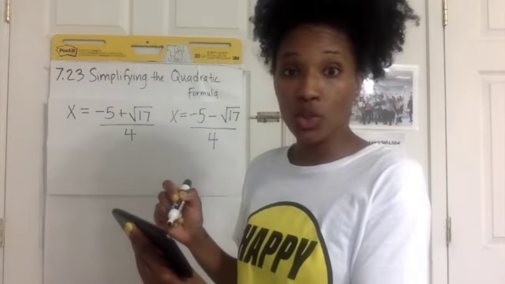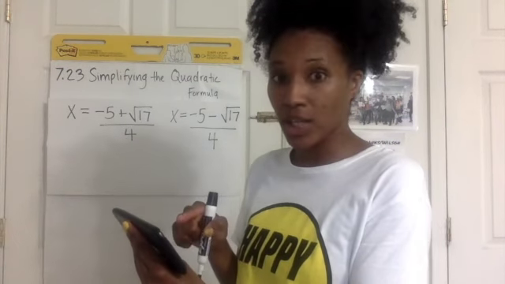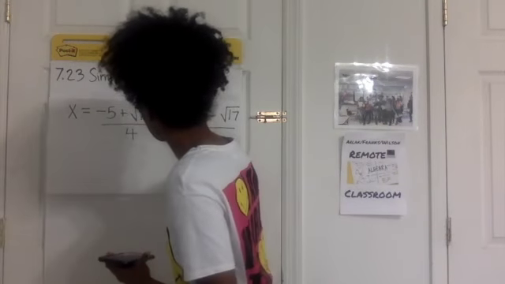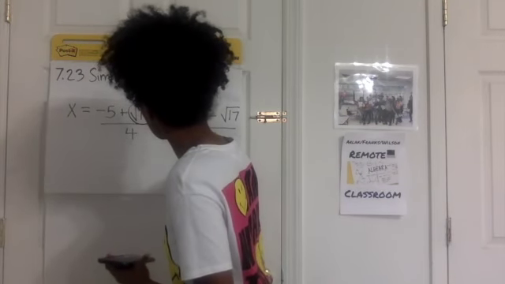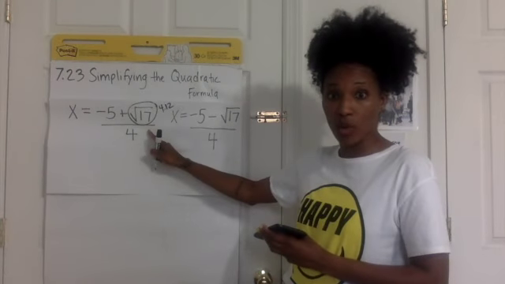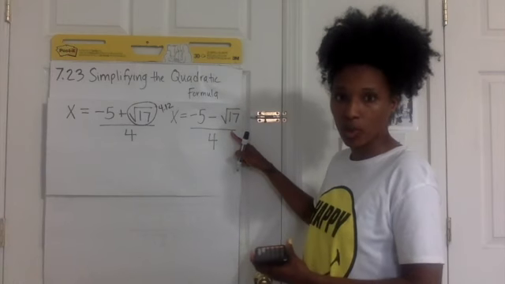We are going to round to the nearest hundredths place, so my answer is 4.12. So the square root of 17 is 4.12, and here the square root of 17 is also 4.12.